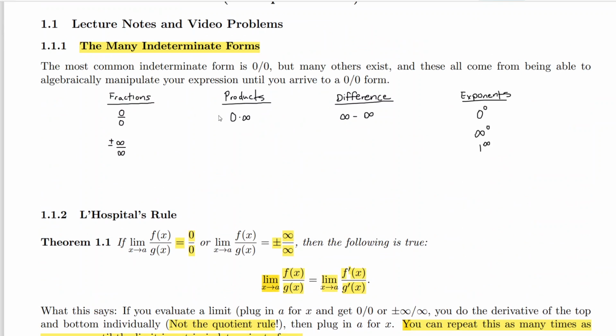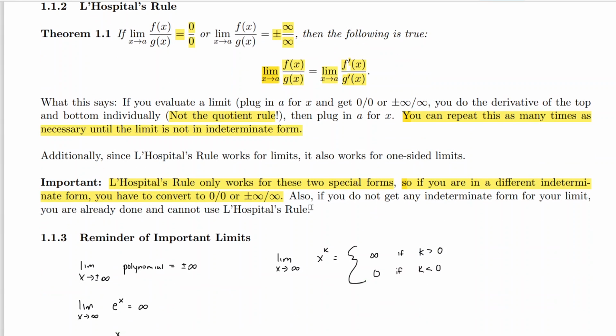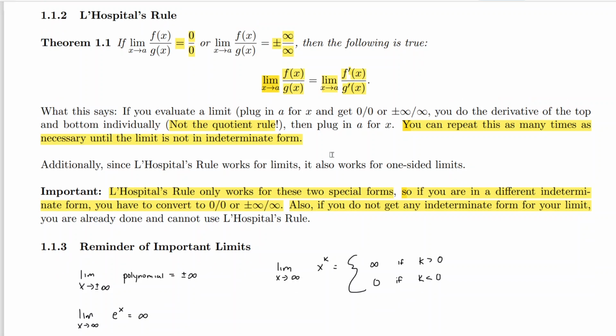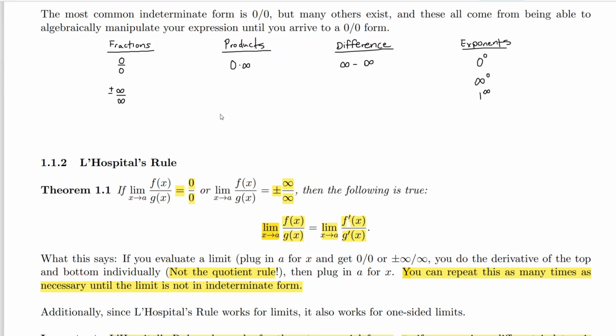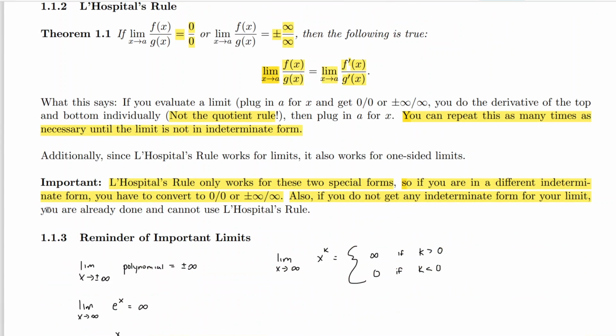So like I was saying, if you're in any of these three forms, we have 5 different possibilities. You have to convert it. And then also, if you're not in an indeterminate form at all, so if you just plug in your x equals a and you get something that's not one of your, I guess we have 7 indeterminate forms if you look at them up here, then you're already done because that means you have a number for your limit that's not indeterminate, and that is your answer.